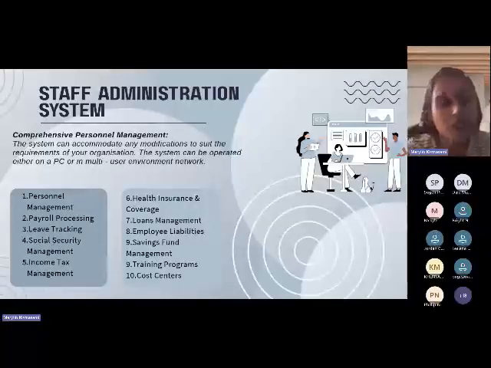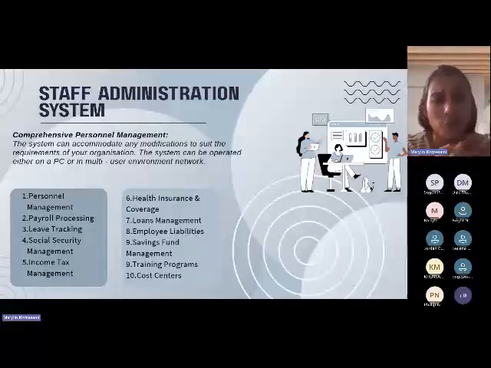So key features of a staff administration system: you've got a centralized employee record that links all staff-related data. As I said, it's one isolated area. You've got the payroll module, which automates your salary calculations and your payments.